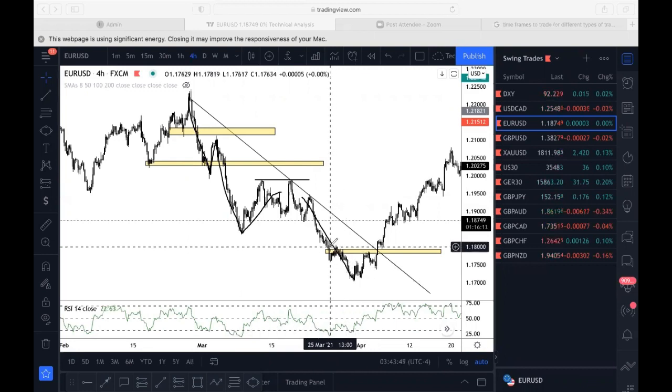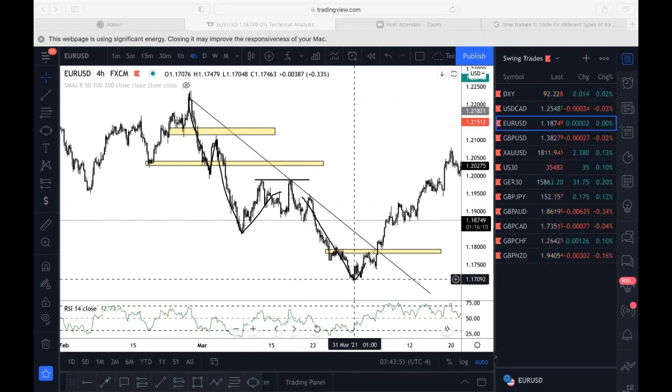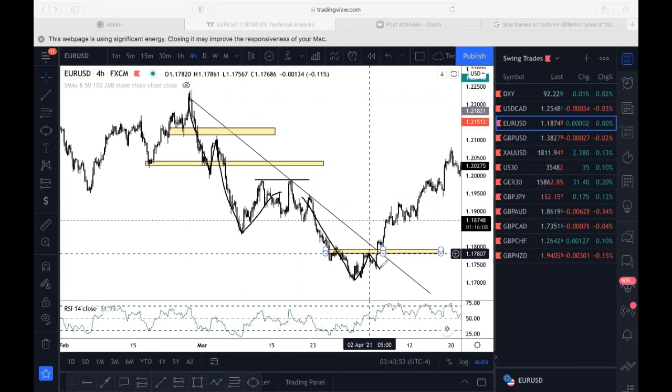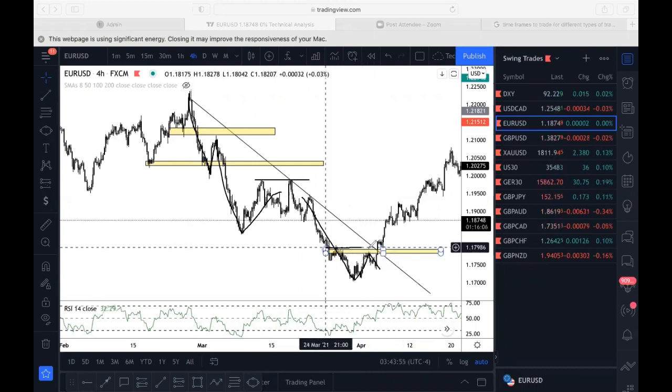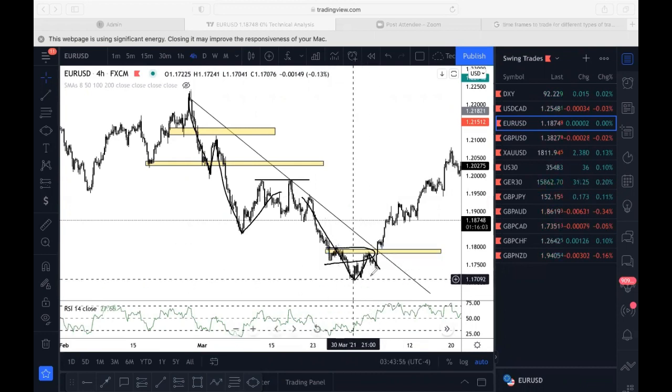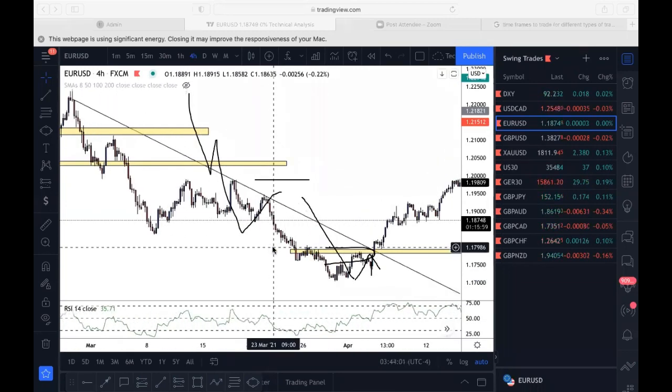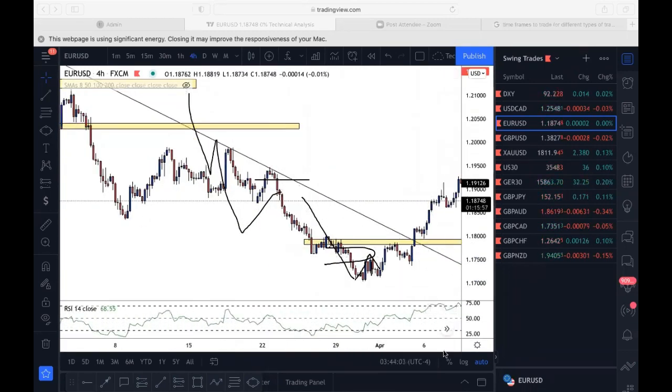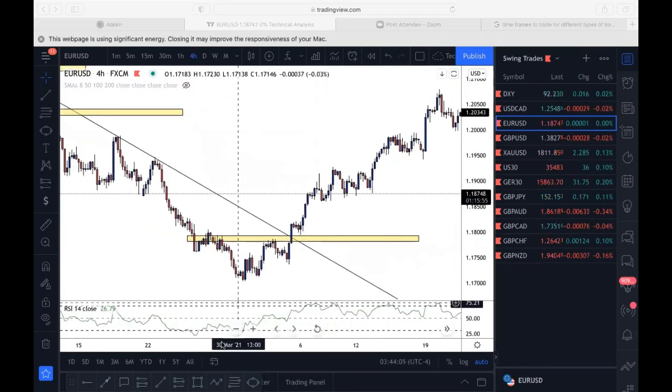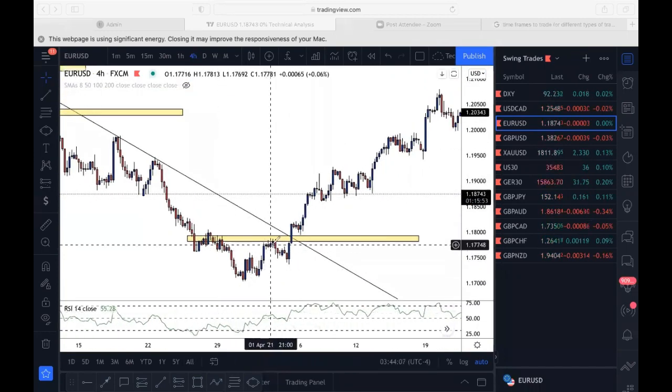This is the last lower high here. This lower high region gets broken. Let me try to zoom in. This last lower high region gets broken and retested here.